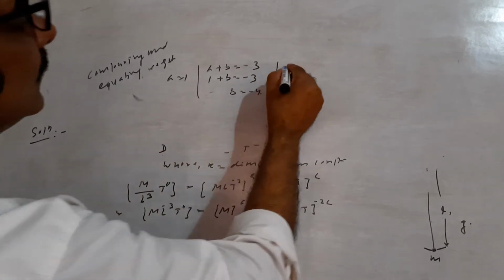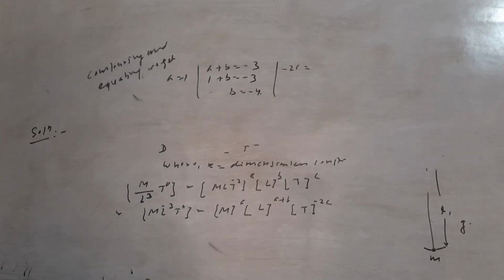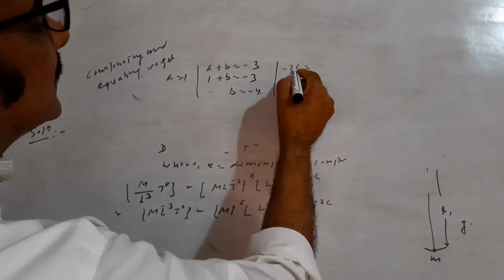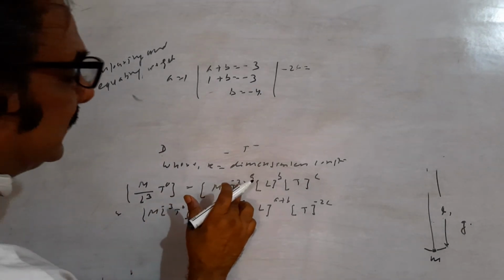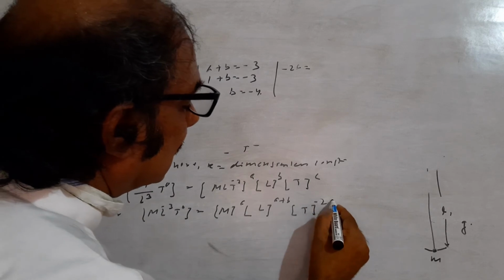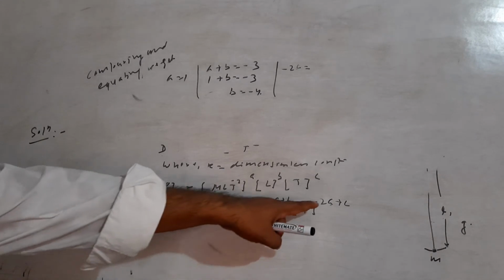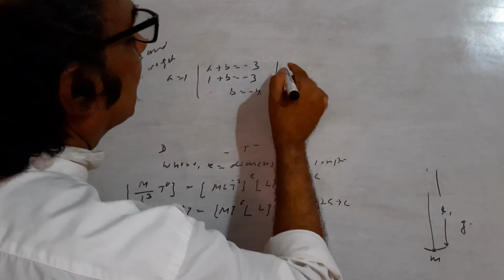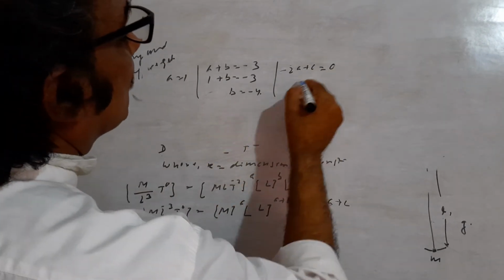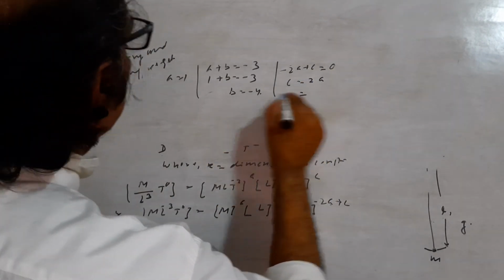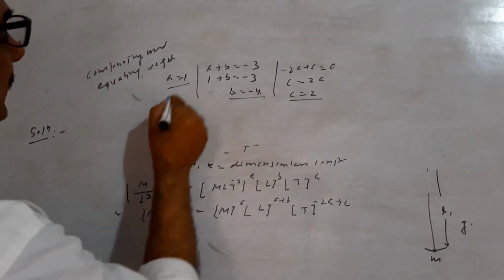And now minus 2A plus C equal to 0, so C equal to 2A, A equal to 1, so C equal to 2.